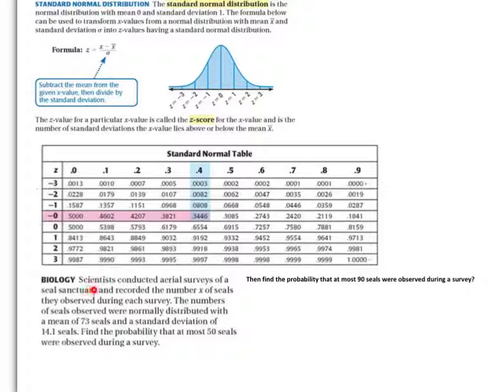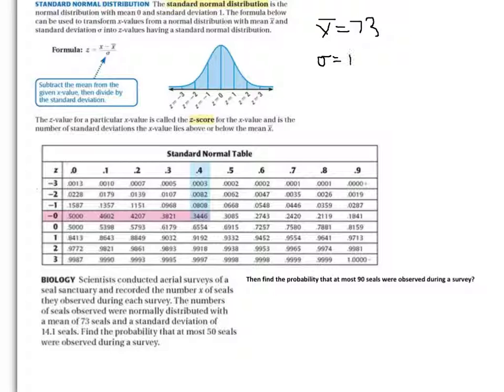Scientists conducted aerial surveys of a seal sanctuary and recorded the number of seals they observed during each survey. The number of seals observed were normally distributed, that means we can use this, with a mean of 73, that means x bar is 73, and a standard deviation of 14.1.